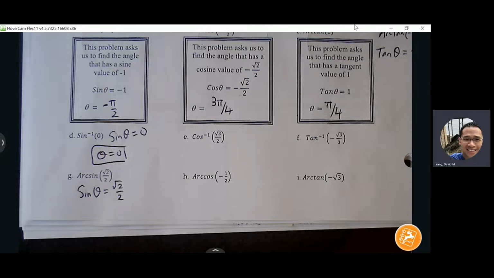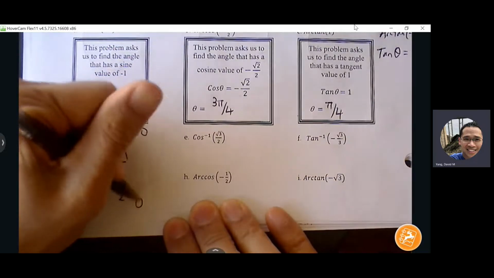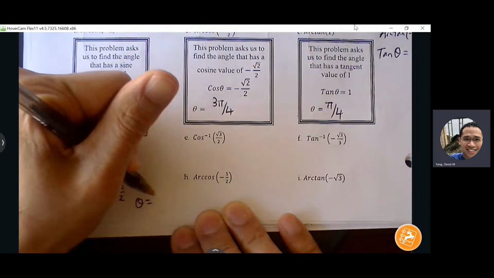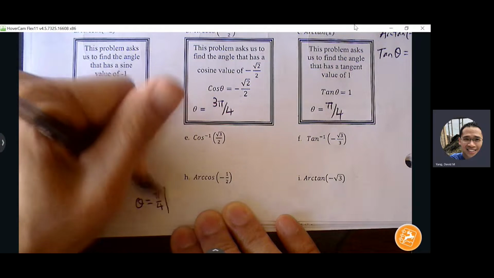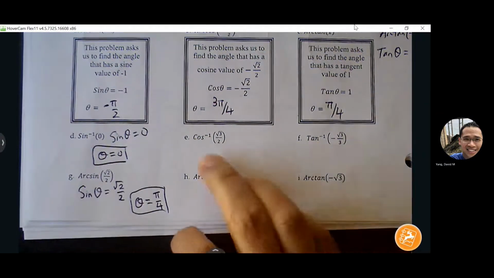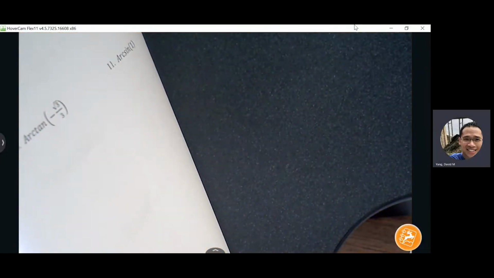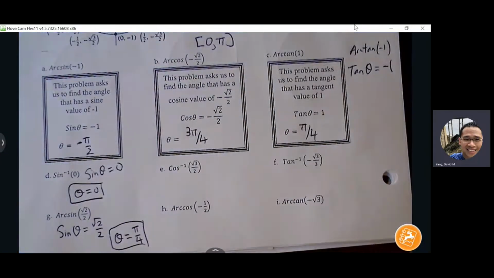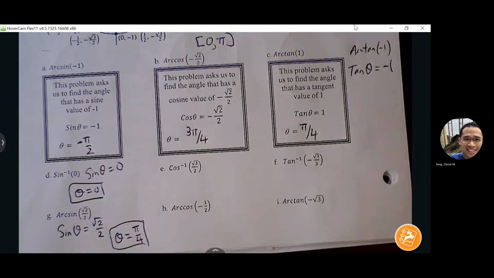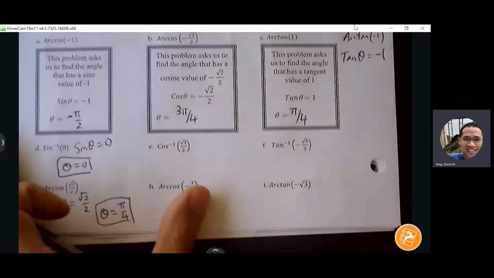Cosine is going to be second quadrant. So if you see a positive value, it's always first quadrant. It's always going to be pi values. I'm going to ask everything in radian measure.